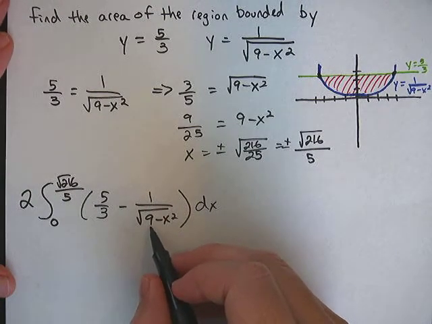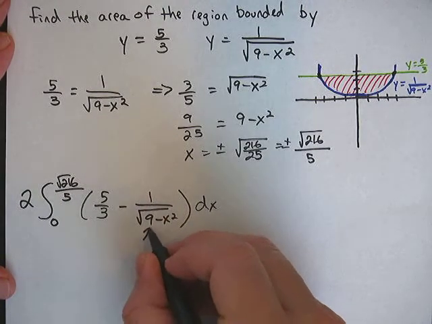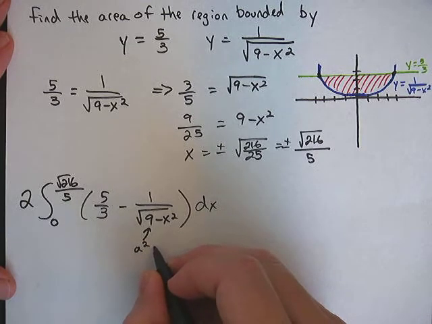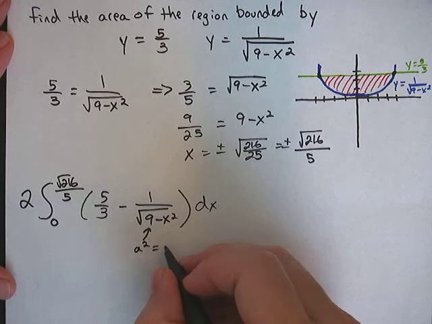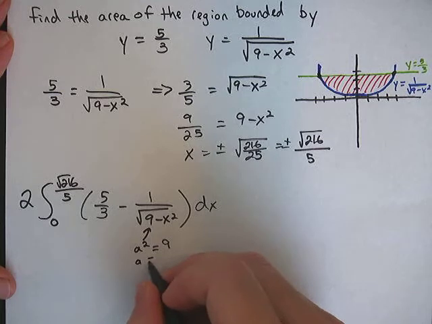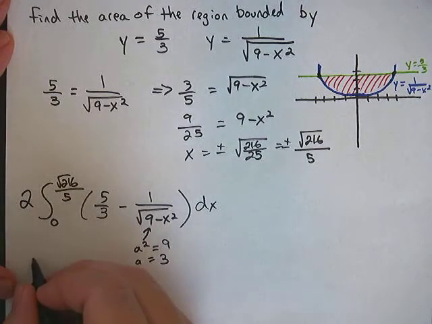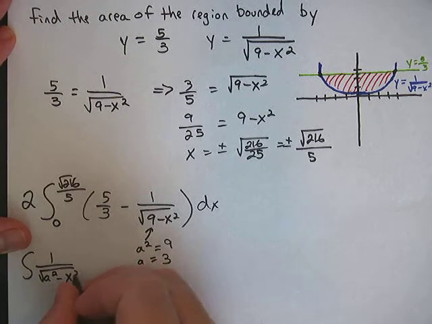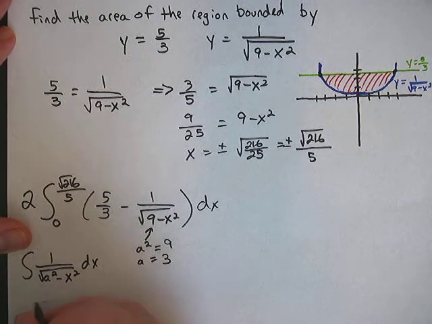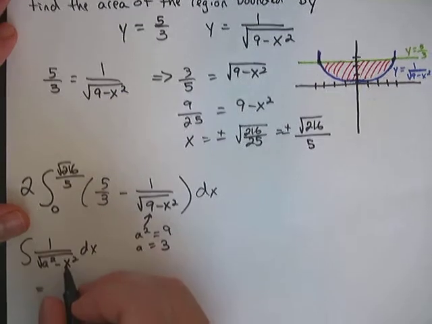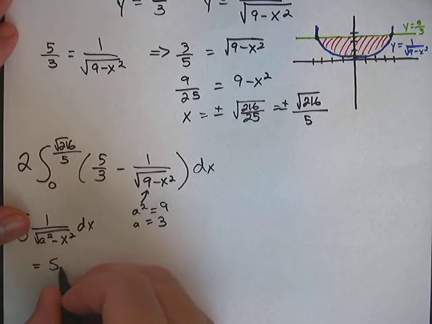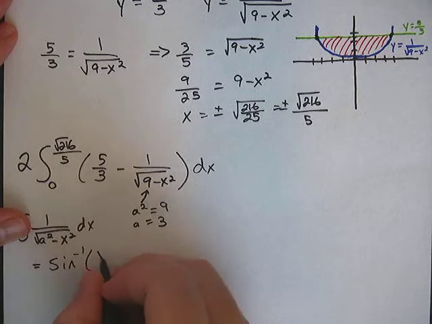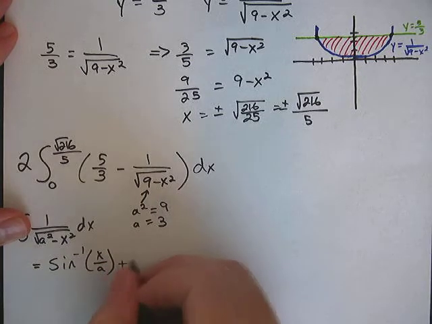What is our a? Well, if this term is a squared, then a squared equals 9, so a is equal to 3. Let me write that down real quick. The integral of 1 over the square root of a squared minus x squared dx is equal to sine inverse of x over a plus c.